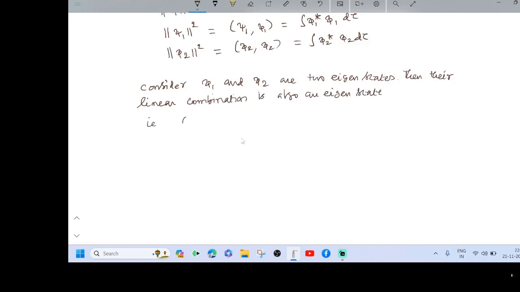That is, psi is equal to psi1 plus lambda into psi2. It is also an eigenstate: psi equals psi1 plus lambda into psi2. Here lambda is a real number.